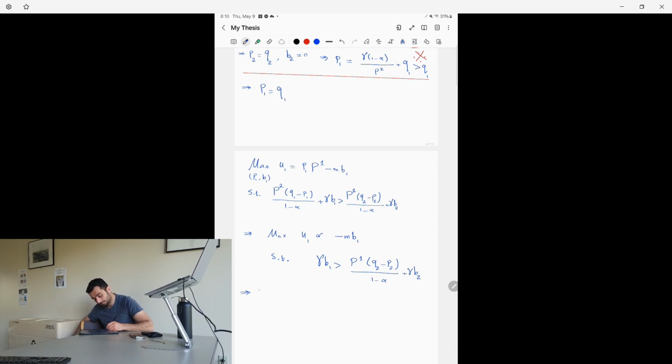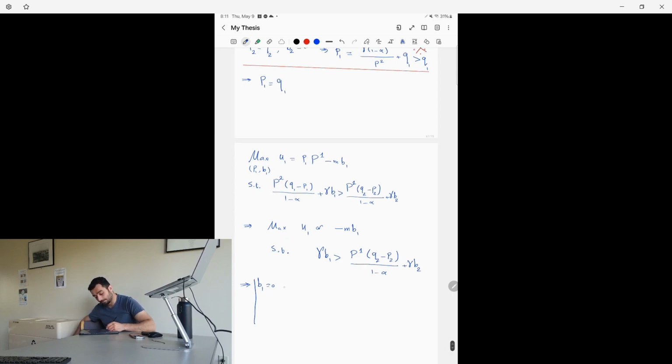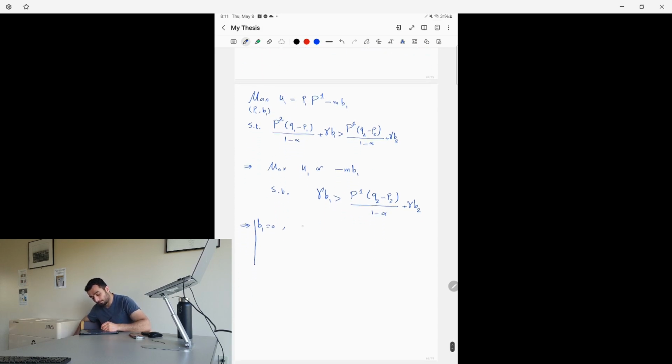Either B1 is 0, which is better for utility 1, but we need 0 less than P1 Q2 minus P2, 1 minus alpha plus gamma B2, which is greater than or equal to 0, which suggests that again P2 is Q2 and B2 is also 0, something we don't like. The same in equilibrium.